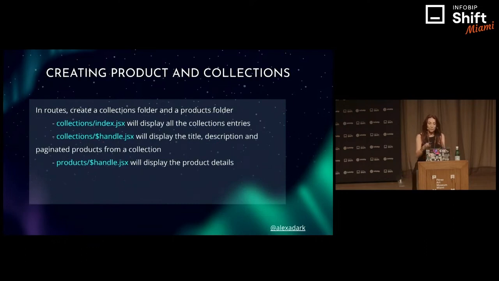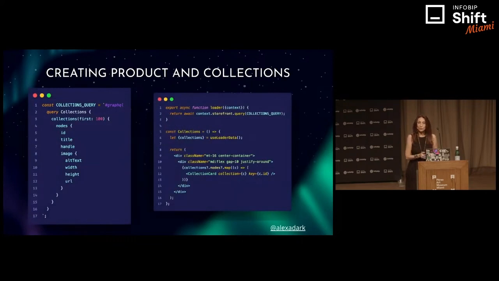To create products and collections, as I have shown, we create these routes: the collection index, the collection details, and the product details. For example, for the collection entry, here I have this query. I don't know if this light works. Well, here I have the query, and from there I get the ID, title, handle, and image from my collection that I wanted to show in these entries.